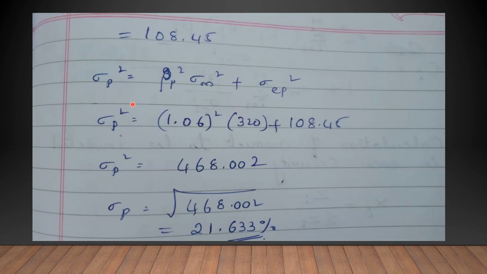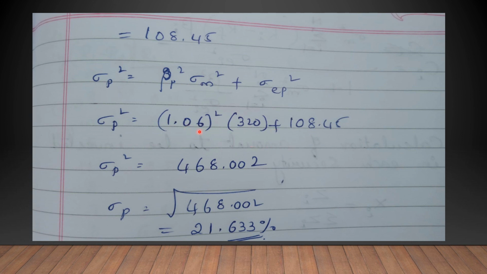By doing the previous calculation, you get 108.45. Then substituting these values to find the total risk, which is systematic plus unsystematic risk.